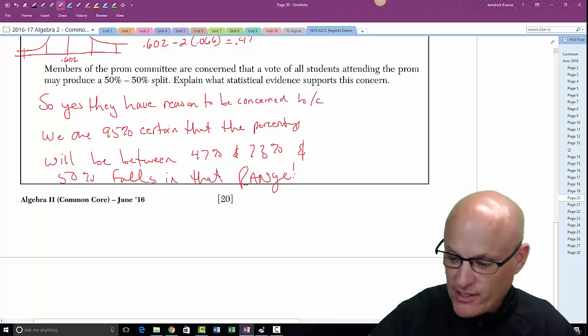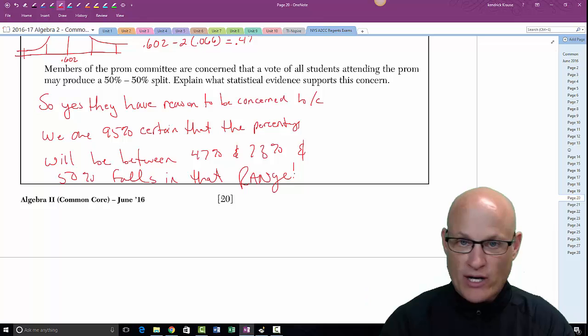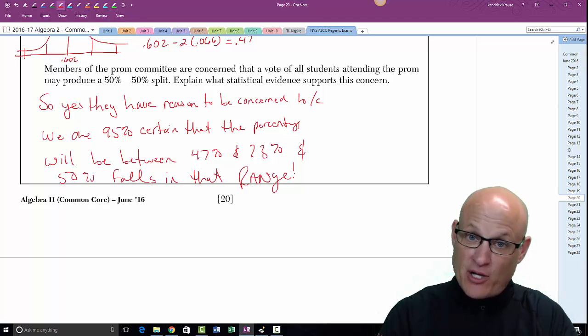Hopefully that makes sense. We knew there is a 95% chance that whatever we come up with is going to be between 47 and 73. 50% is in there, so 50% is plausible.